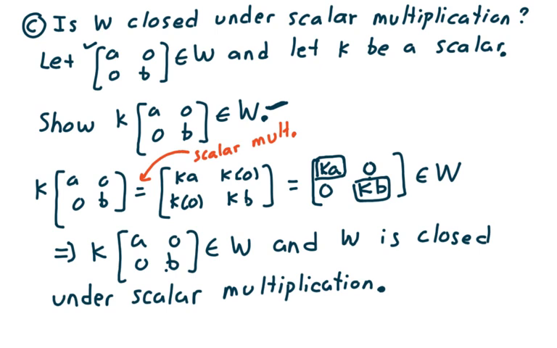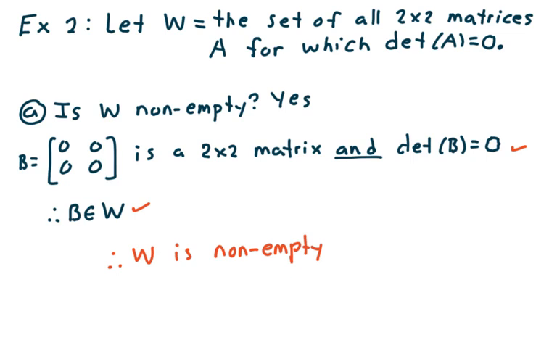And that's what I wanted to go over in example 1. I wanted to show you closed under addition, closed under scalar multiplication, and how you show that a set is non-empty. So we're going to do the same thing for example 2.